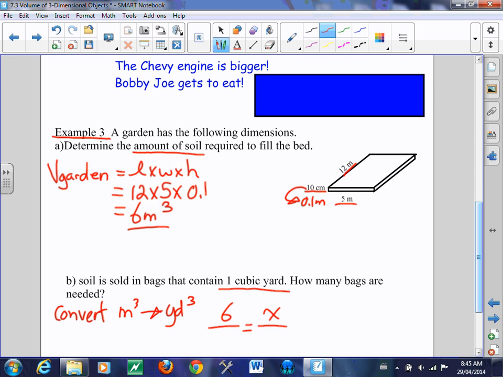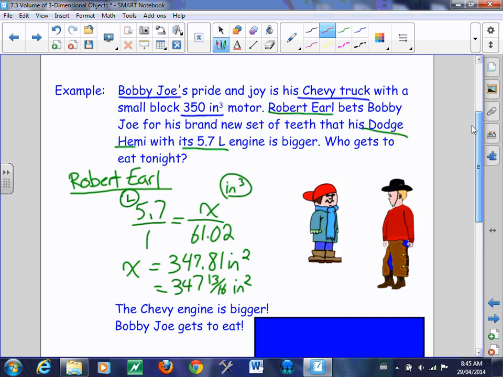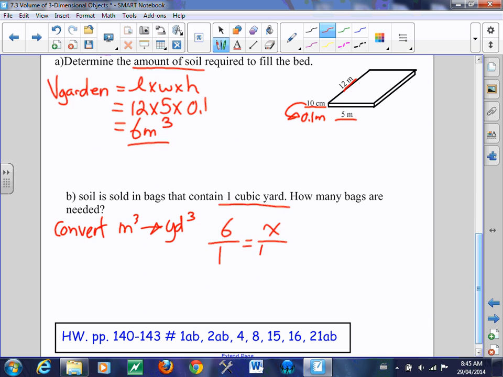So we know 6, which is 1, and I think the yardage was 1.31, folks? Sorry. Yep. Cross multiply, ladies and gentlemen, and you should get that x equals 7.8 yards cubed.